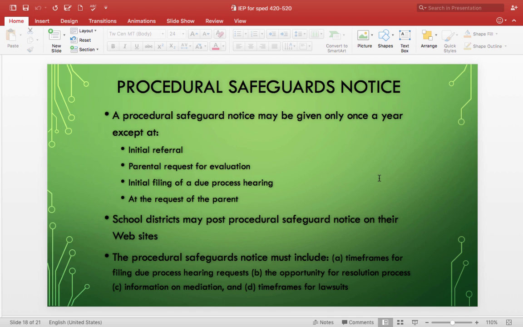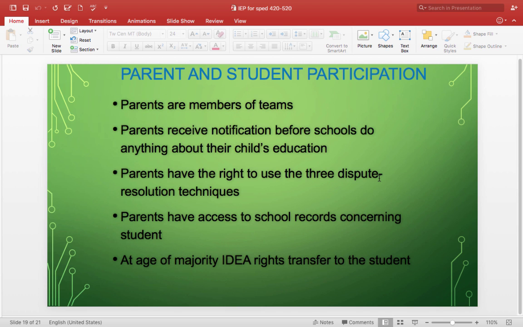And so our procedural safeguards, we have to have timeframes for filing due process hearing requests, an opportunity for resolution requests, information on how to go about getting mediation, which is a legal standard in almost every state, and the time frames for lawsuits, because there are time frames. We also want to make sure that parents are members of the IEP and the school teams, that they receive notifications about things that schools are going to do about their child's education.